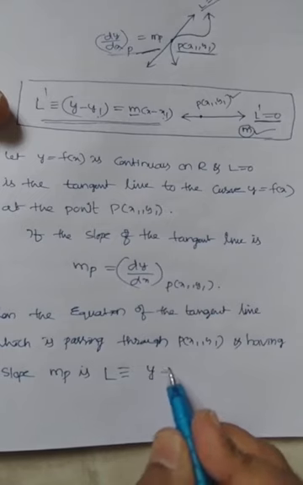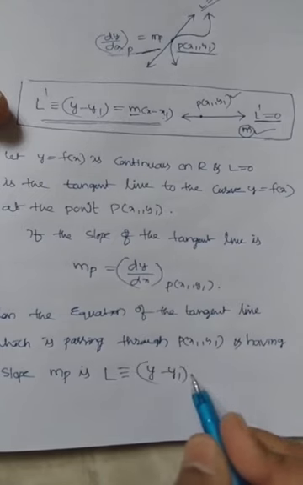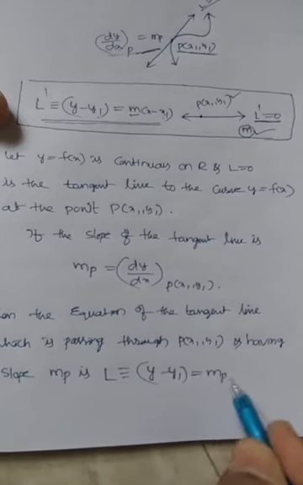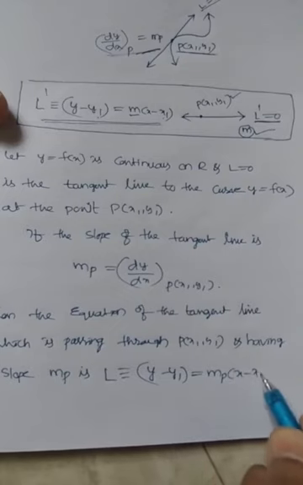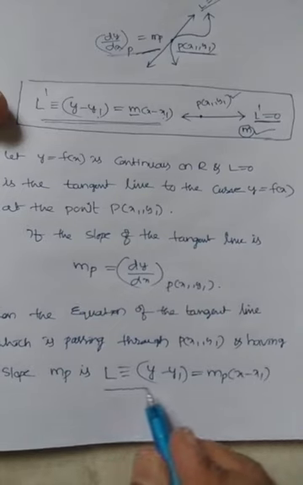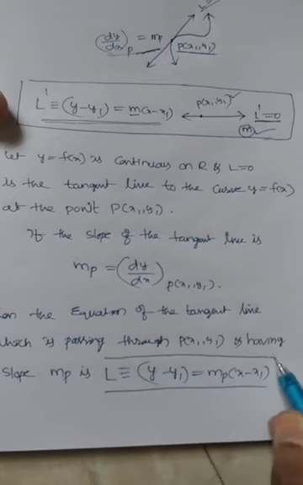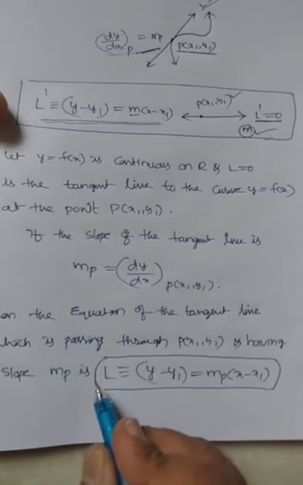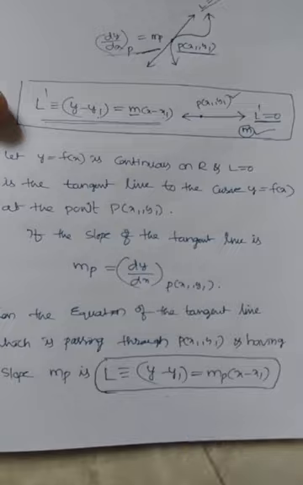We have a formula that y minus y1 is equal to m at P into x minus x1. So this is the formula of the equation of the tangent line.